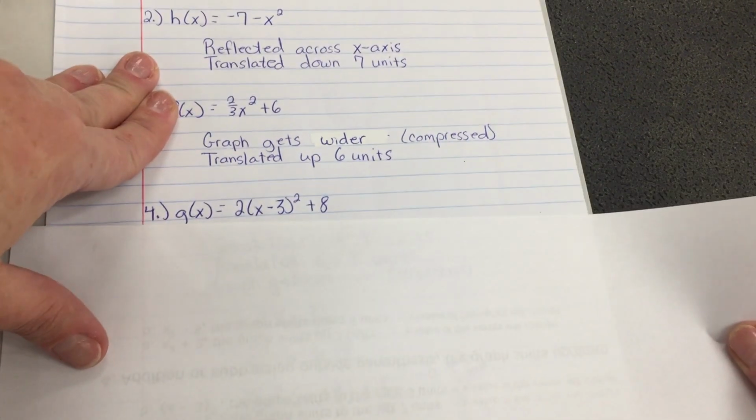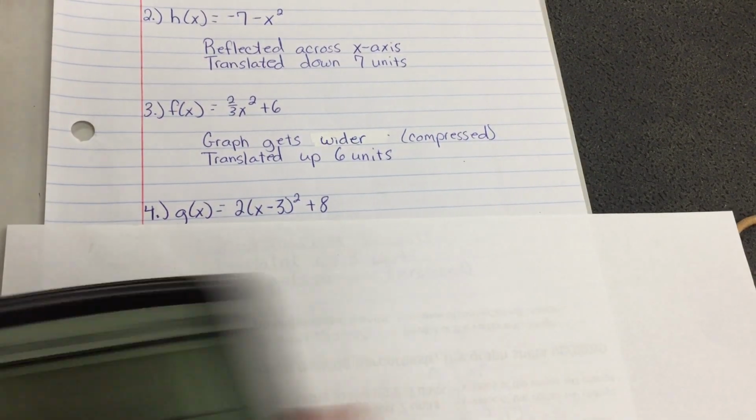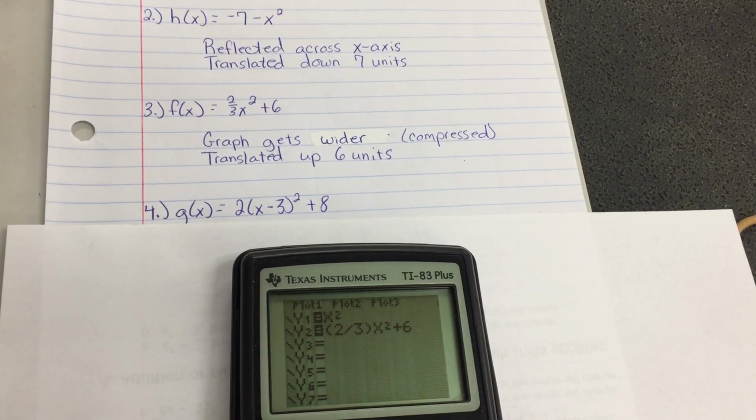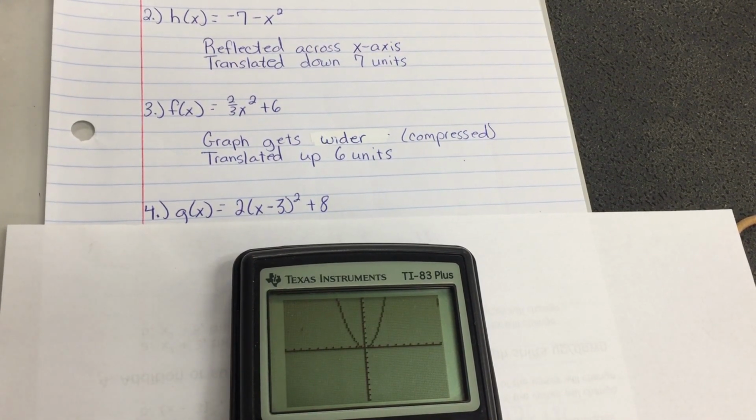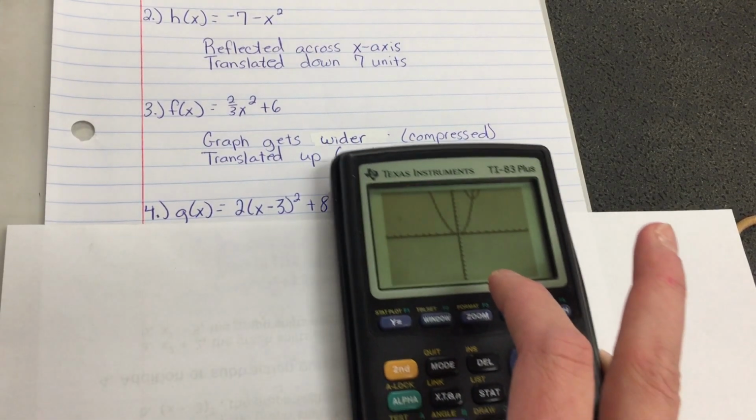Okay, so let's look at this one. Parent function, 2 open parentheses, x minus 3 squared plus 8. Okay, now I'm going to fix my window if you'll watch me here.